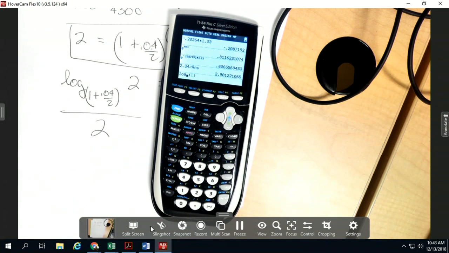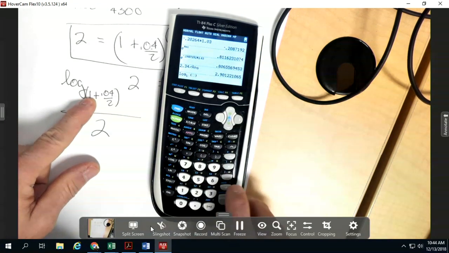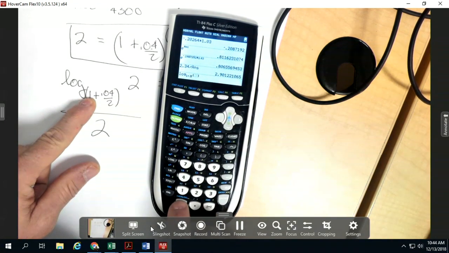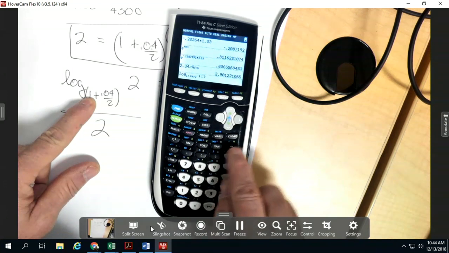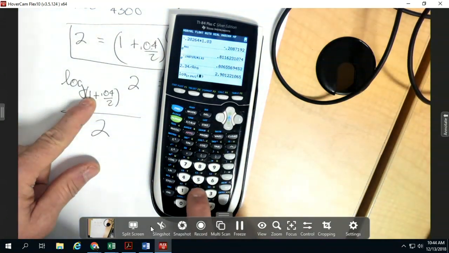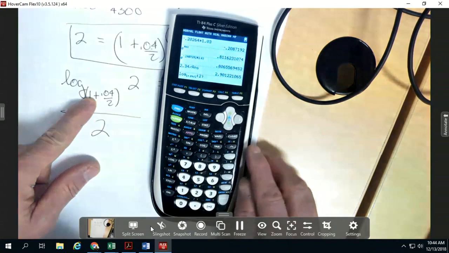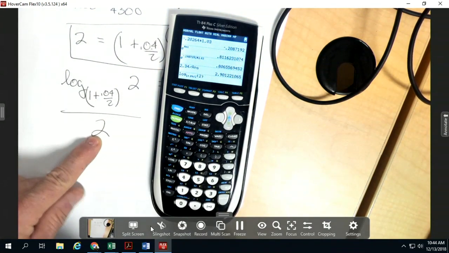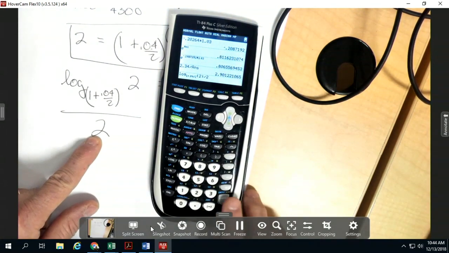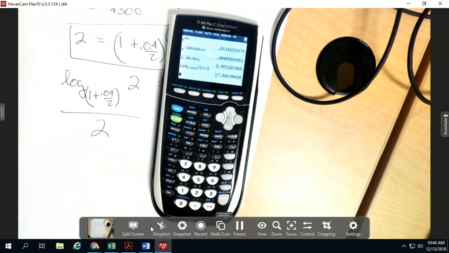And when we get done, we're going to divide that answer by 2. You with me here? Make sense? So this will be log base 1 plus 0.04 divided by 2 of 2, and that whole answer, I'm going to divide by 2. 17 and a half years.